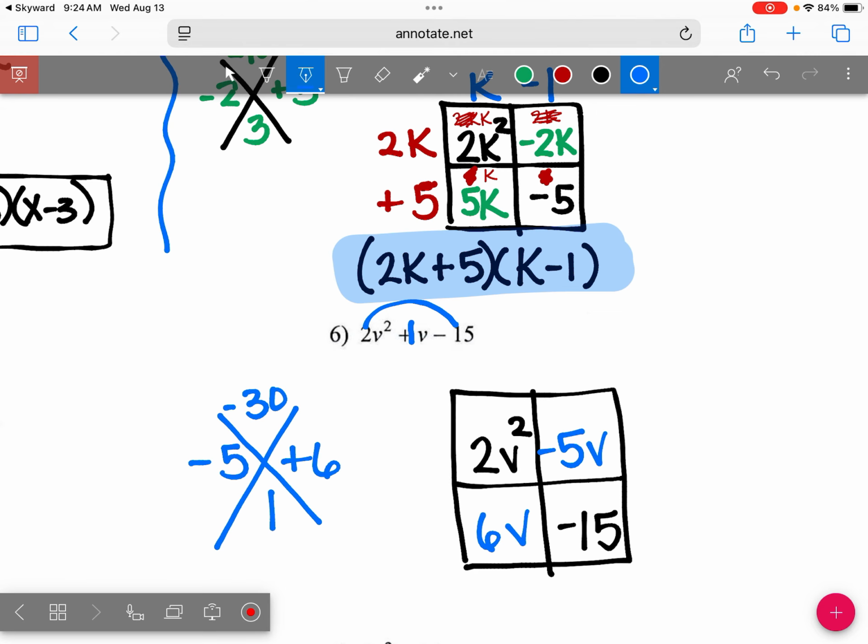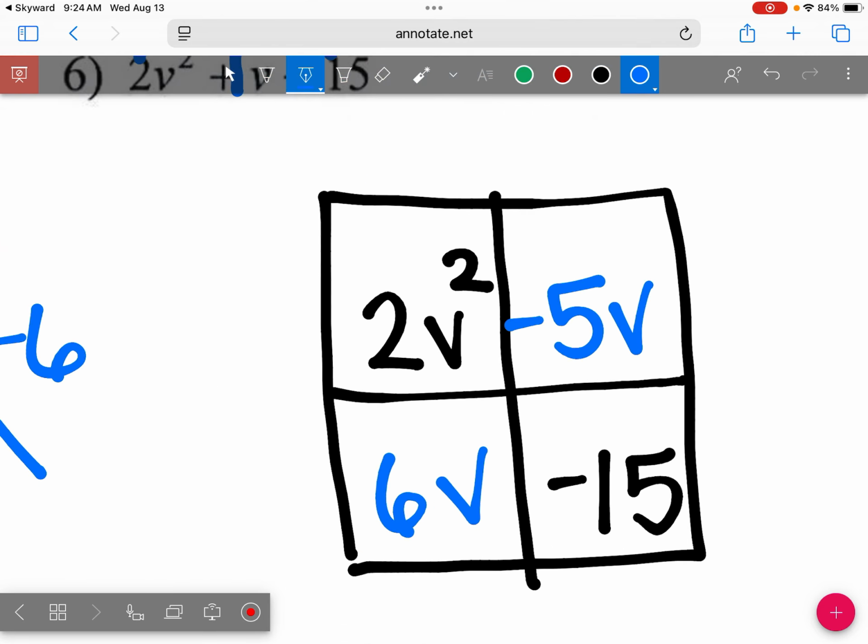All right, so now we're going to take out what we can. These two squares, the only thing that they have in common is a V. There isn't anything else that I can take out of both. This bottom row, well, not 2, because 2 doesn't go into 15. What can I take out of these two?